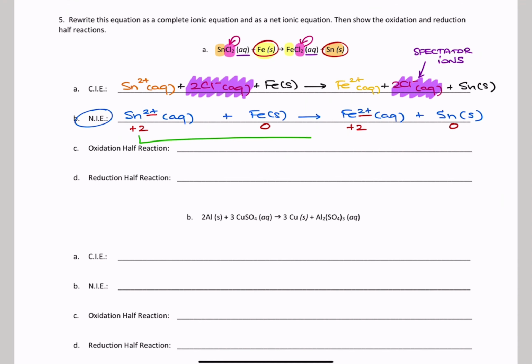The tin oxidation number decreases from +2 to 0. Therefore, the tin is being reduced, going from Sn2+ aqueous to Sn solid.